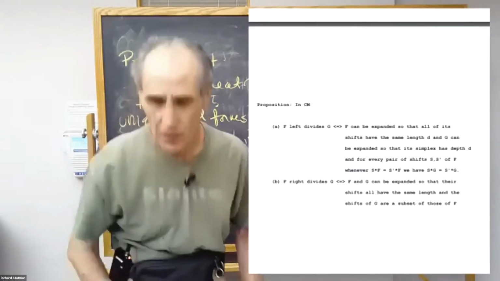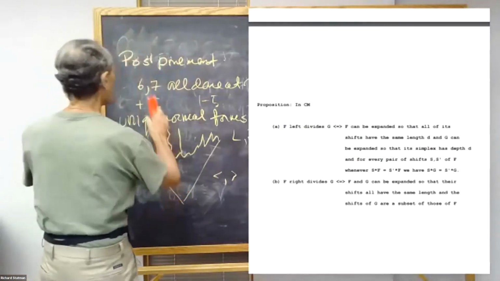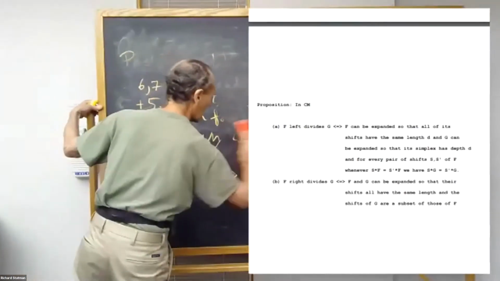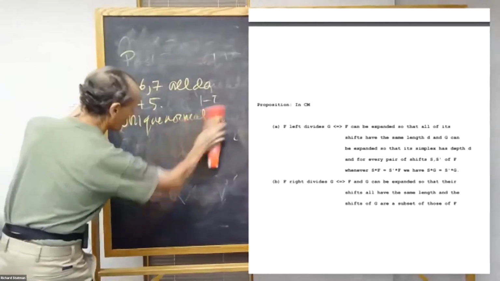So these are the characterizations, but what I'll do is simply state the one that we actually need.